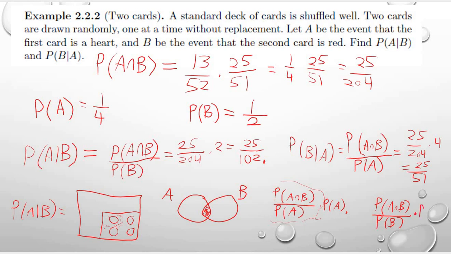But then if I want the whole thing and not just the fraction, then I multiply again by probability of B. And of course, these are both equal to the probability of the intersection, and hence these two are equal to each other.